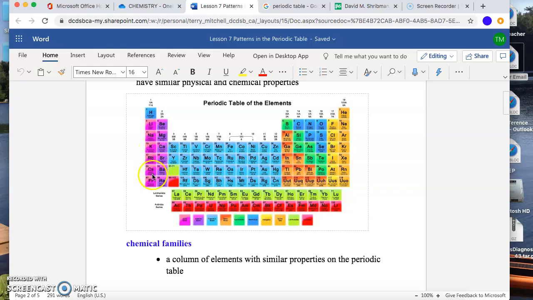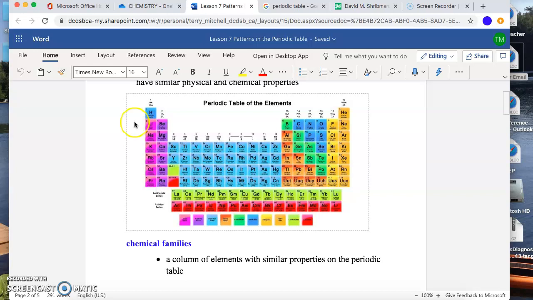And rubidium and cesium, we're not even allowed to store in the school. These are far too reactive, and francium doesn't even exist. It exists as a compound in which it's stable, but scientists will not even take francium and try to separate it from its compound because it's too unstable and too dangerous to work with.